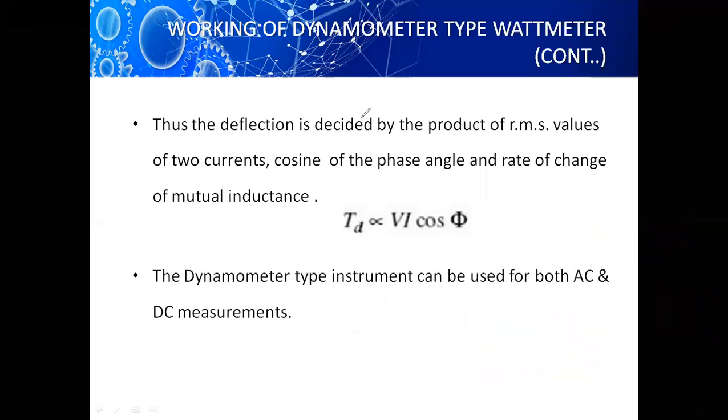So we have seen so far what is the construction of the dynamometer type instrument, and we have seen how to use the dynamometer type instrument as a voltmeter, as an ammeter, and also as a wattmeter.